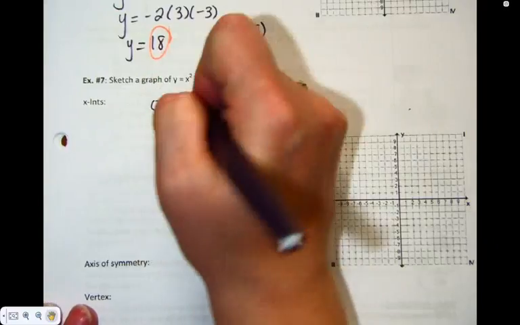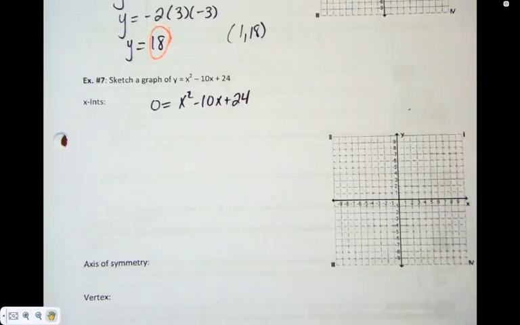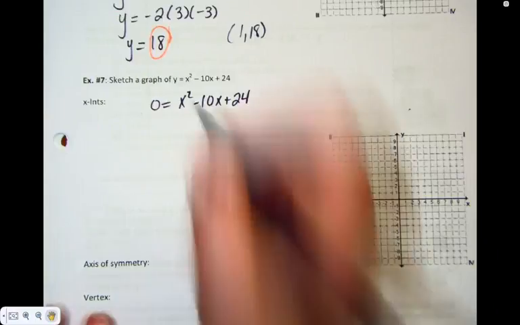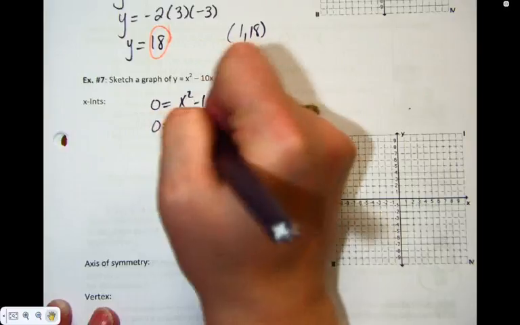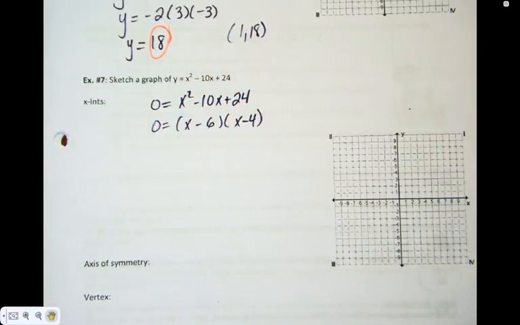So we need 0 on one side. And then we need product-to-sum factoring. So factors that multiply to give us 24, add or subtract to give us negative 10. I heard the offer of negative 6, negative 4. Looking for confirmation.